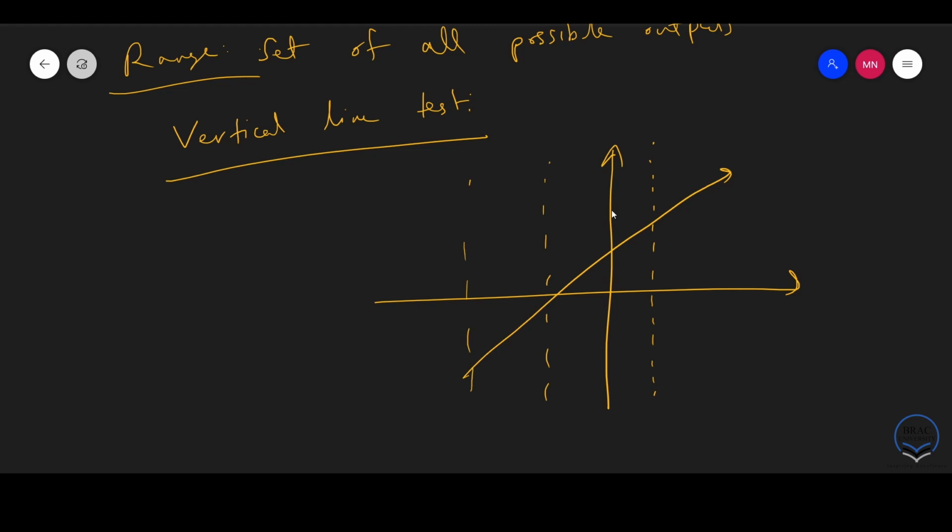And if we see that the graph gets intersected by the vertical line only once, then this is the graph of a function, right? Now, if the vertical line intersects the graph at more than one point, then that graph is not of a function, because that would mean that for one value of x, we will get multiple outputs, right?